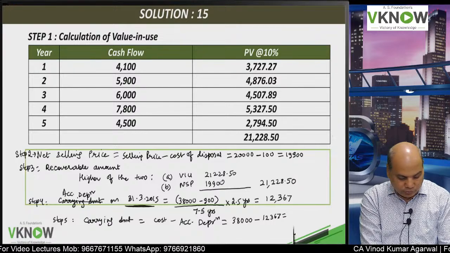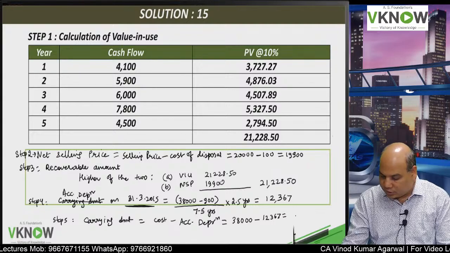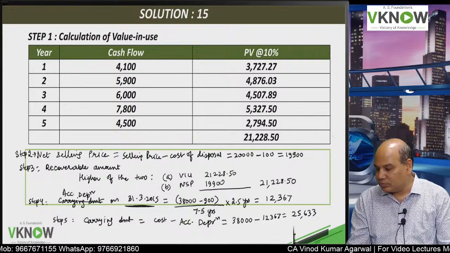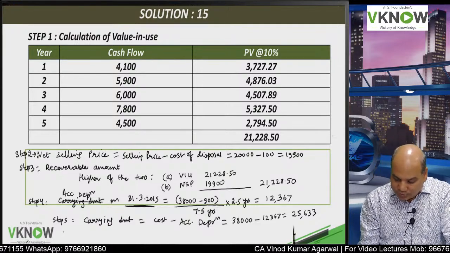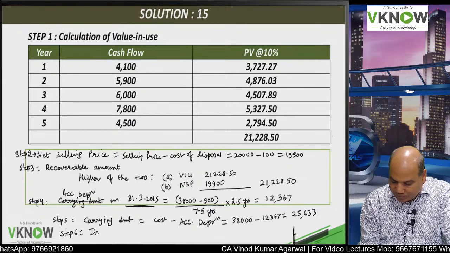So your carrying amount today is 25633. Approximately 25633 is the carrying amount. Then you write down step number 6, impairment loss.